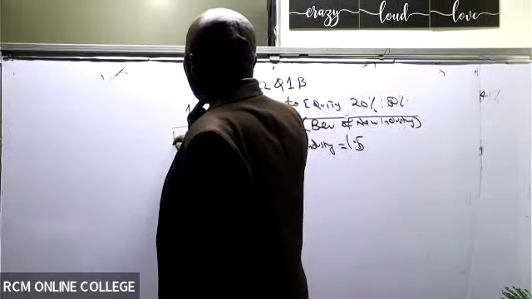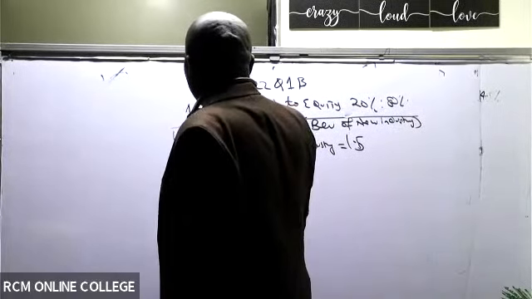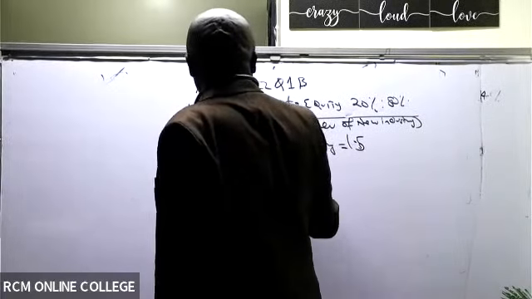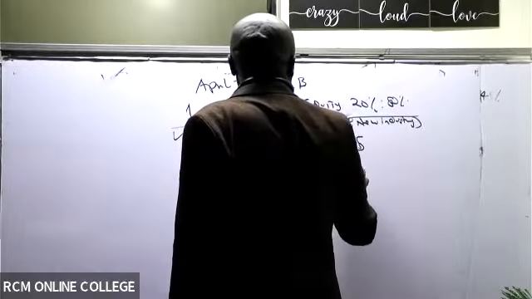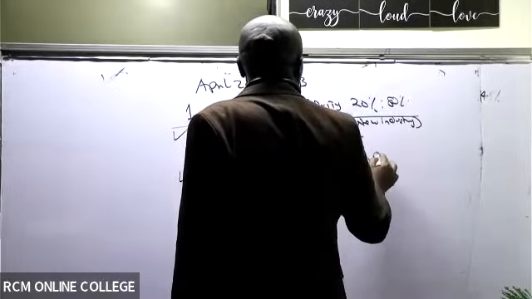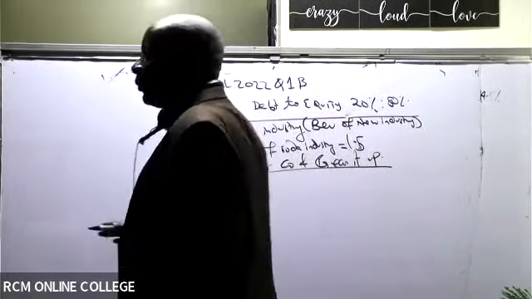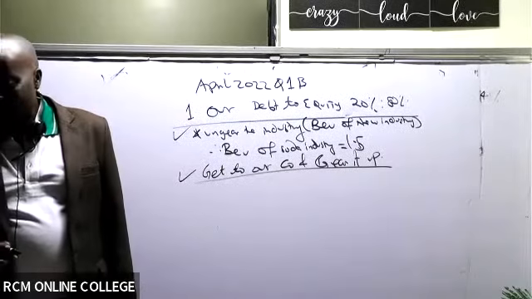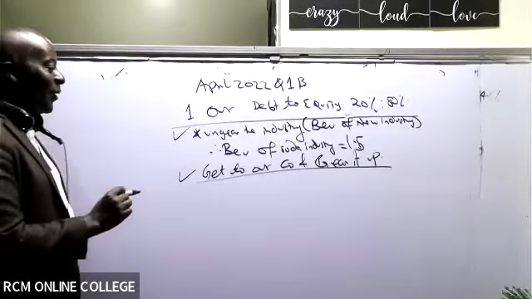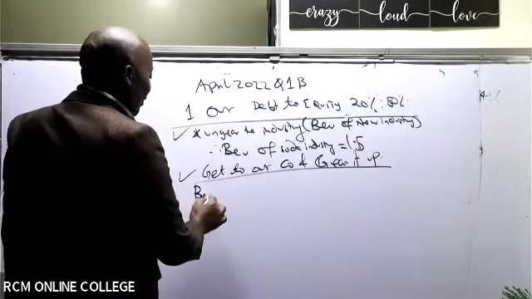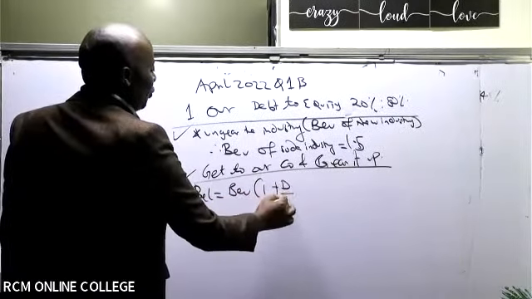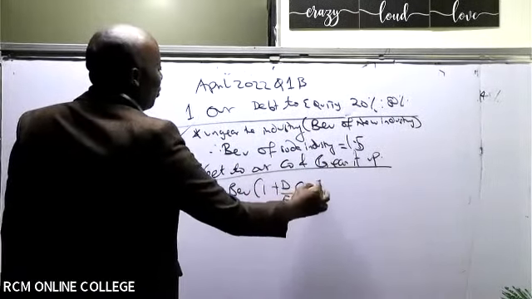Now, step number 2, we get to our company and gear it up. So our levered beta will be equal to the unlevered beta into 1 plus debt over equity into 1 minus tax.